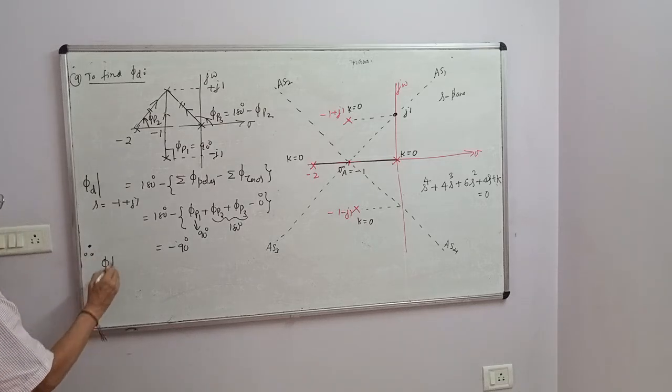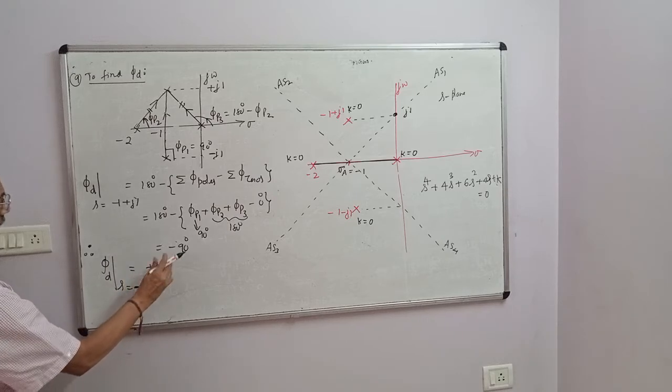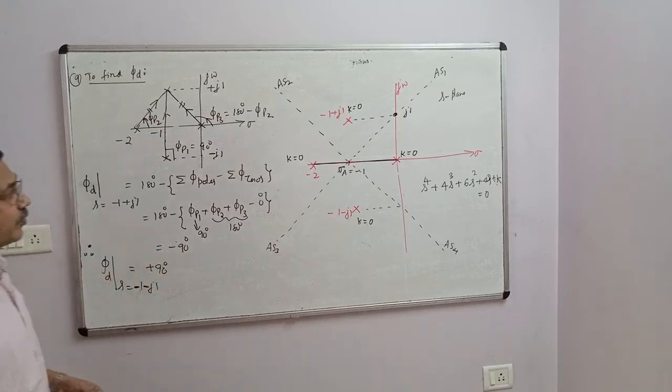Therefore, the angle of departure of the pole at s equals -1 minus j1 is the negative of minus 90 degrees, which is plus 90 degrees.